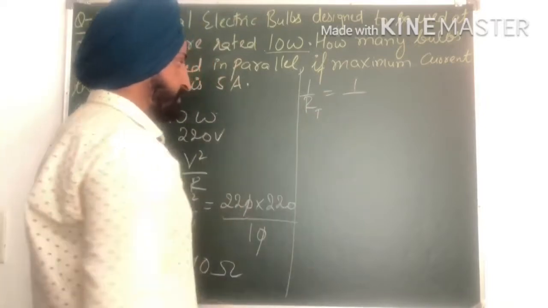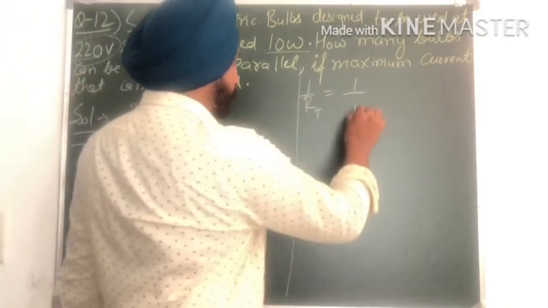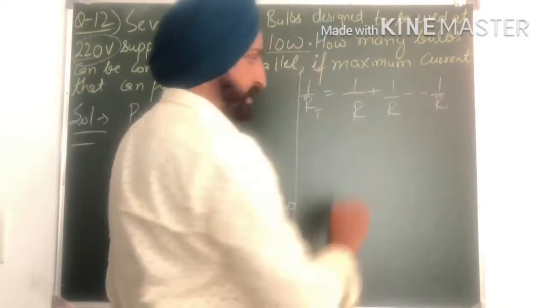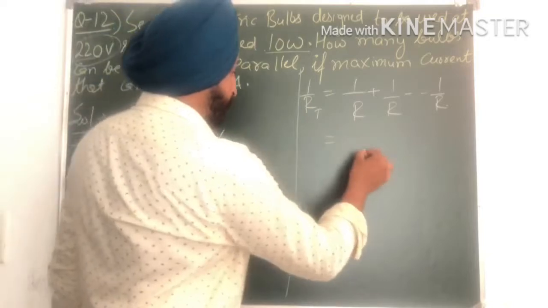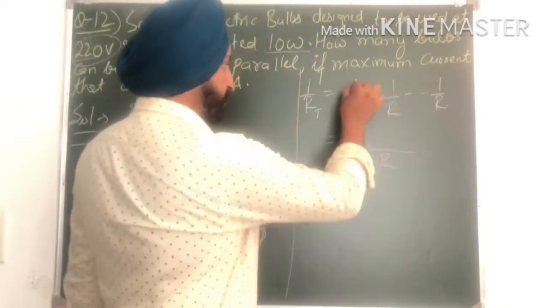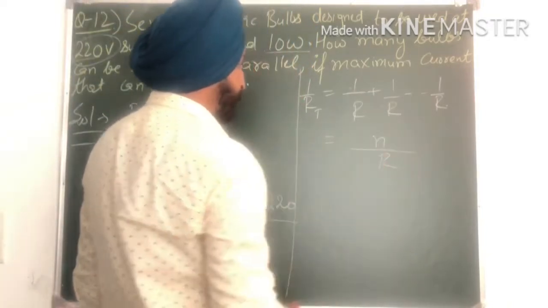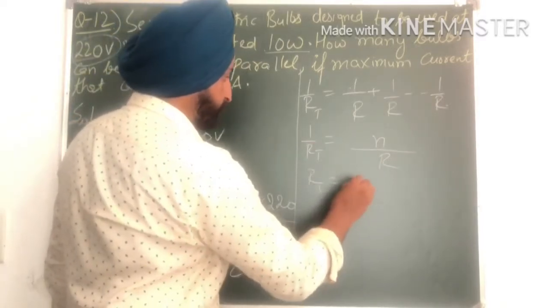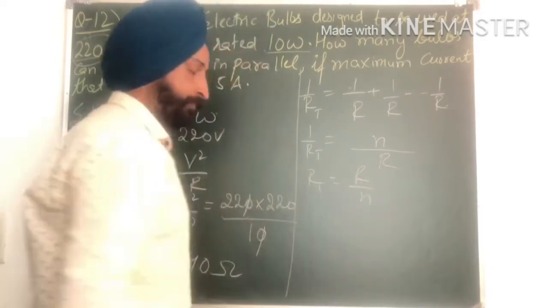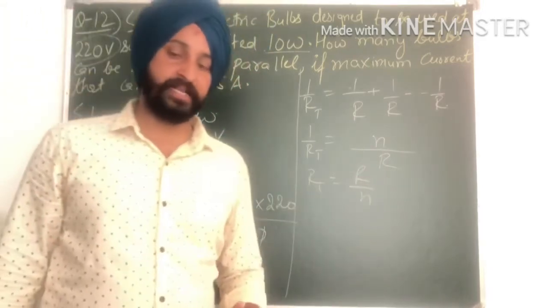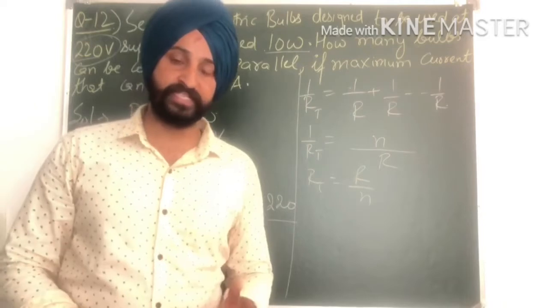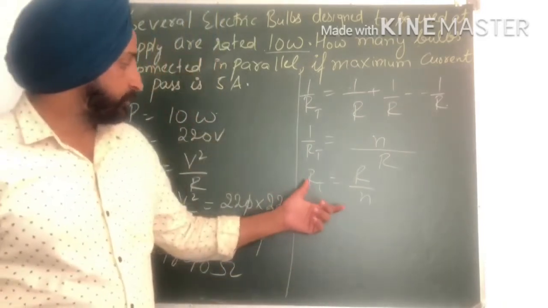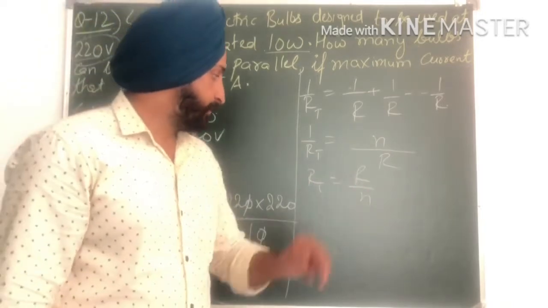What would be the total resistance? 1 by R total would be equal to 1 by R plus 1 by R, up to n times, which is n by R. So our R total would be equal to R by n when we are connecting n bulbs in parallel.